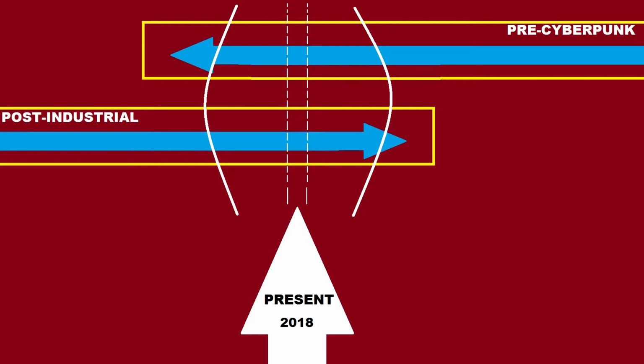But we're getting to pre-cyberpunk, to where computers are more intimately interwoven into our lives. Some people feel that social media is the second incarnation of the internet, or the web. Web 2.0 is what it's sometimes called. So I have here the present, 2018, the year of this video being shot.